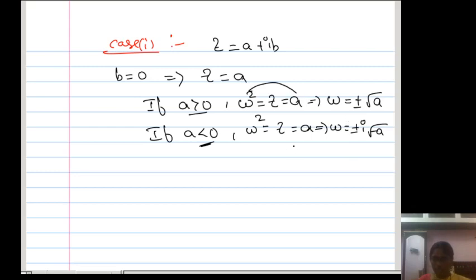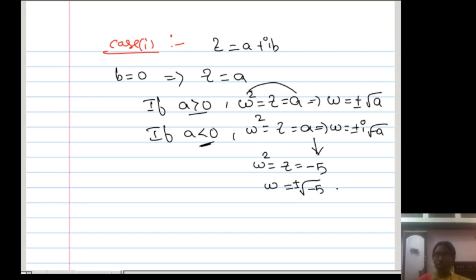You understand here? I think you have doubt here. See once again. a is less than 0. For example, w square is equal to z, which is equal to a less than 0, for example minus 5. What is a here? Minus 5. What is w? Plus or minus under root minus 5. But you don't write negative values under root.